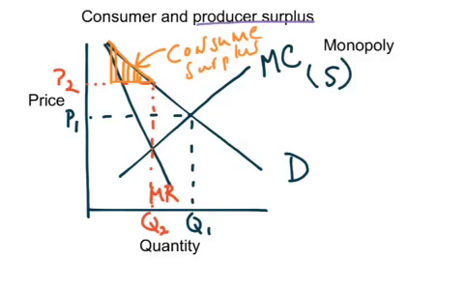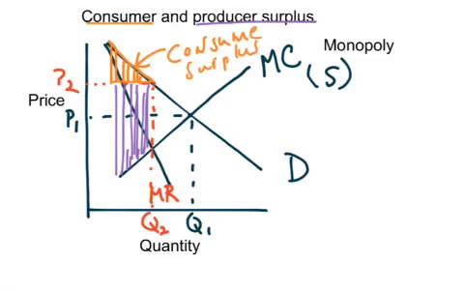So we're going to now draw in the producer surplus. The producer surplus is from the supply curve, which is represented by the marginal cost curve, up to the price that the firm is receiving. So what we're seeing in purple here is the producer surplus.